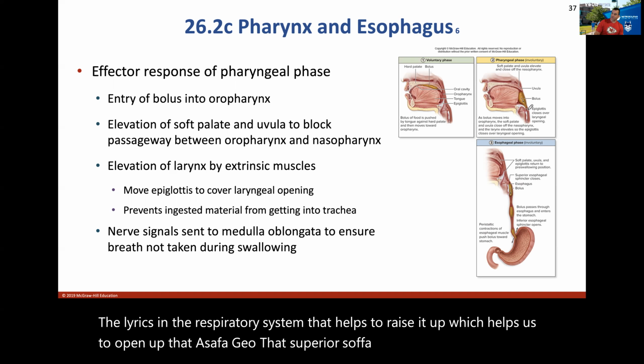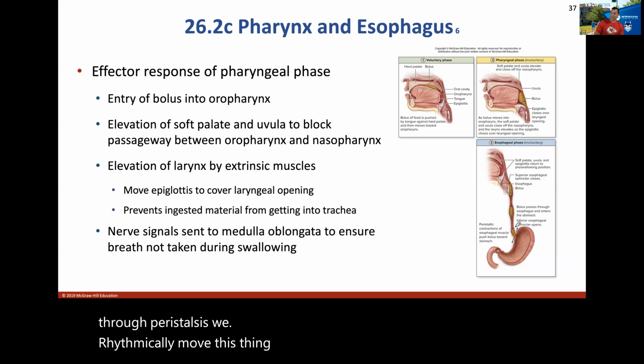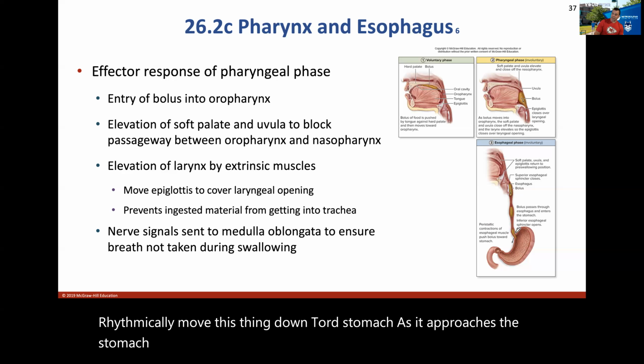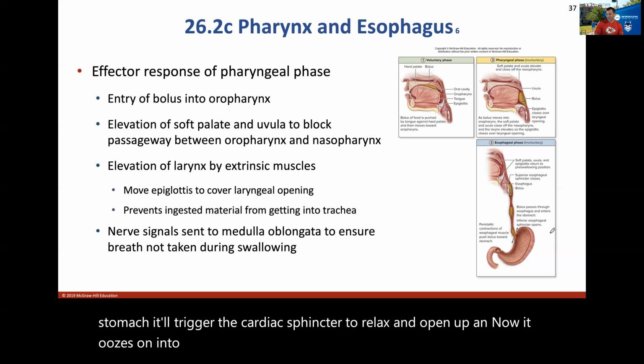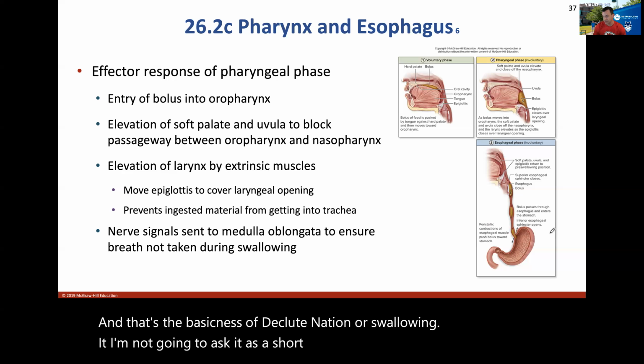And then through peristalsis, we rhythmically move this down towards the stomach. As it approaches the stomach, it triggers the cardiac sphincter to relax and open up, and now it oozes on into the stomach. And that's the basicness of deglutition, or swallowing. I'm not going to ask it as a short answer question. It would only be a multiple choice type question.